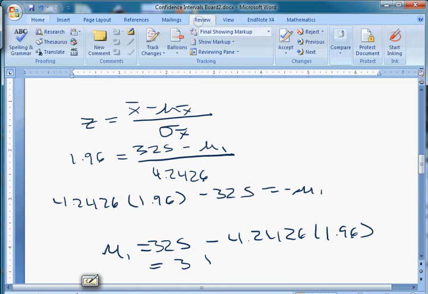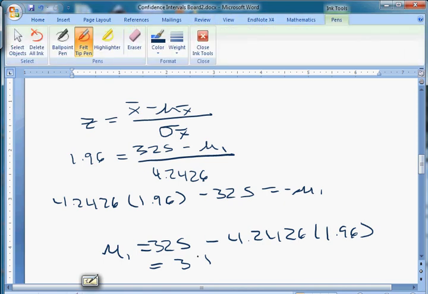So roughly 316.7 is our lower bound. That's mu1. It's the lowest reasonable value at the 95% level of reasonability. That's the lowest value that our population mean could be.